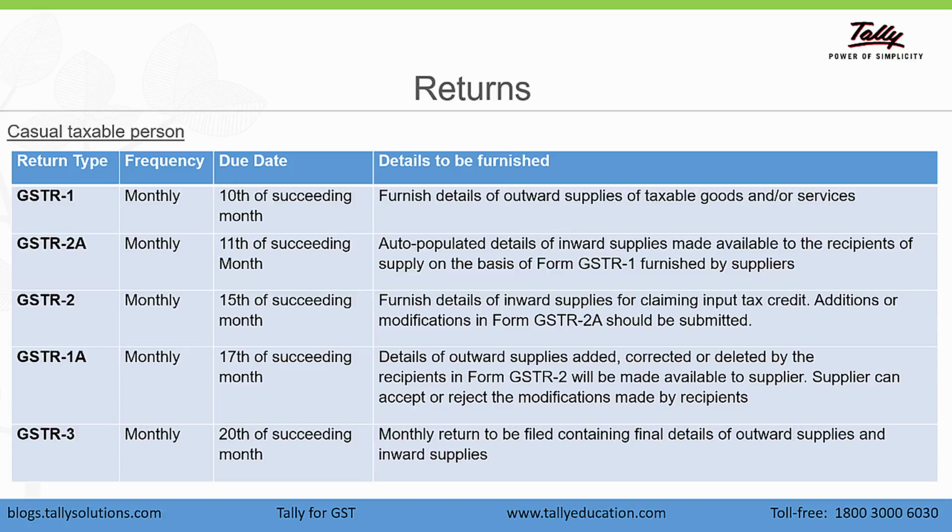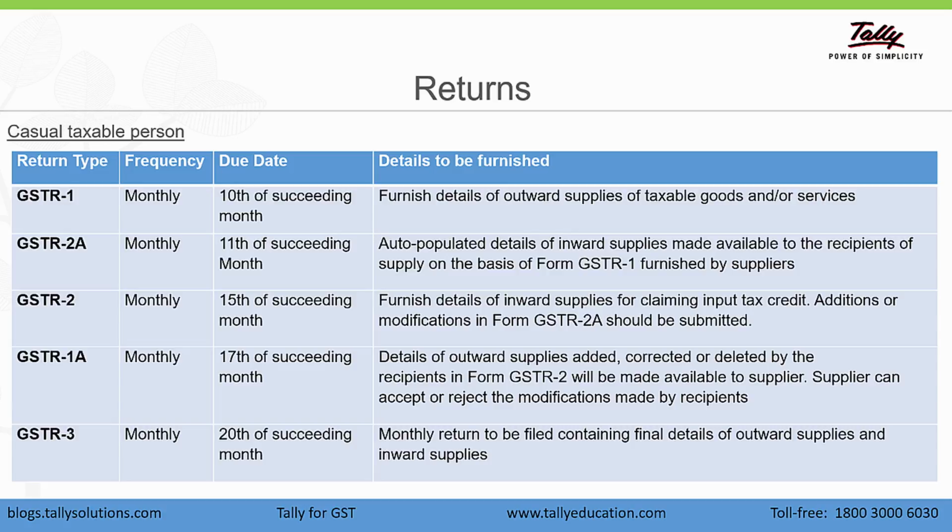On 15th of the succeeding month, the person has to furnish Form GSTR-2 containing details of inward supplies for claiming input tax credit. Any additions or modifications in Form GSTR-2A should be submitted in Form GSTR-2. On 17th of the succeeding month, Form GSTR-1A will be made available to the person.